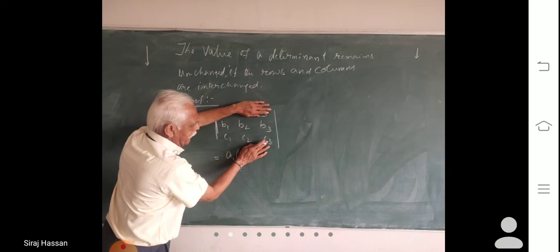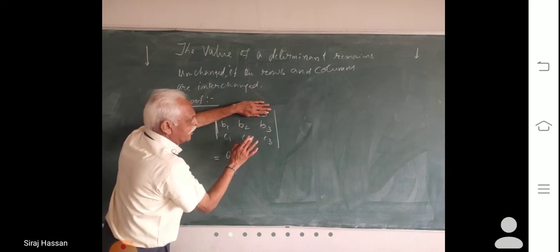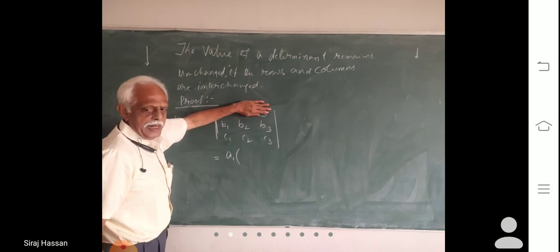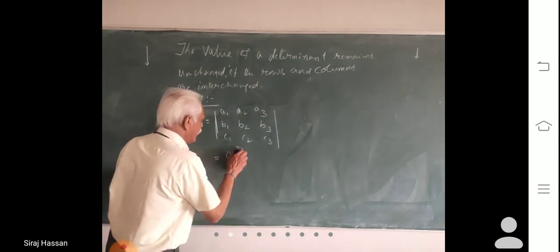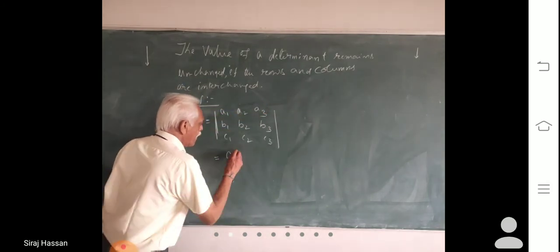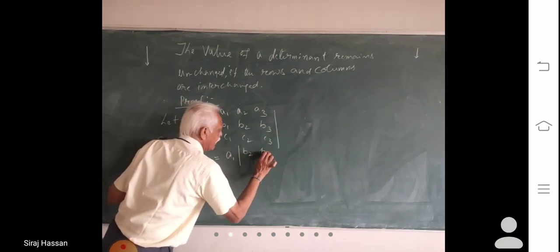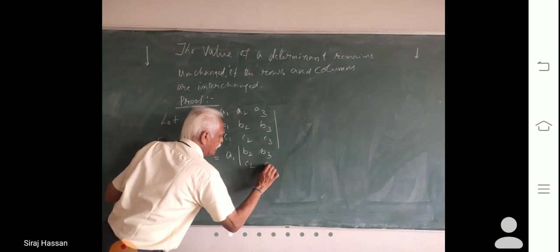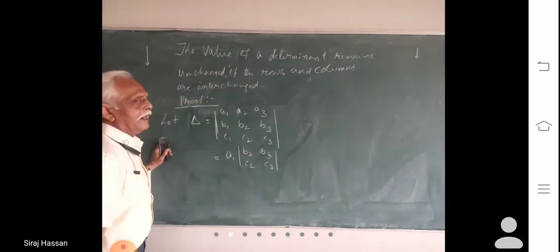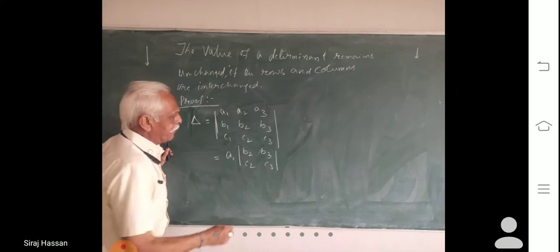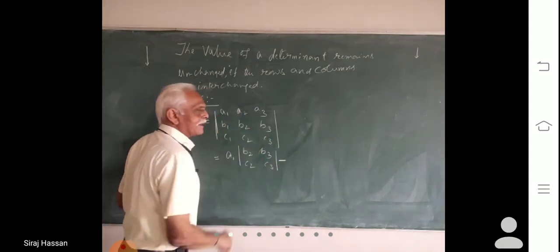B2 C3 minus B3 C2. Shall I write directly, or for one theorem, I will write in full? B2, B3, C2, C3.